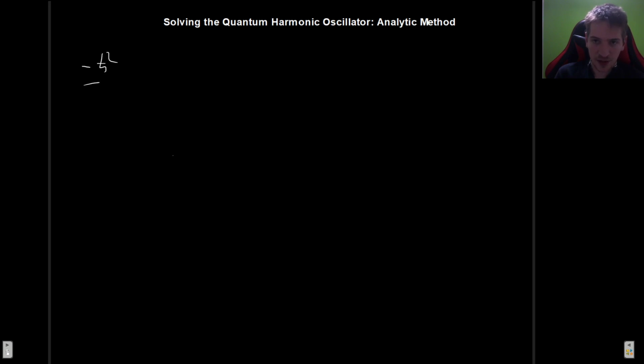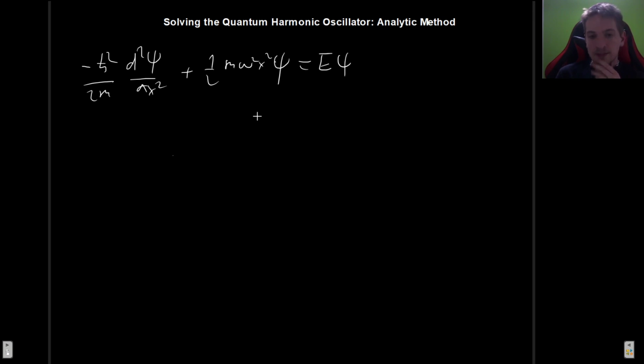So let us solve the quantum harmonic oscillator using this analytic method. First, let's begin by writing out the equation that we want to solve. As before, this is just the Schrödinger equation for the quantum harmonic oscillator. Now, how do we solve this?